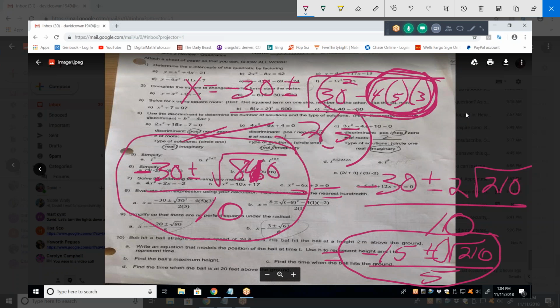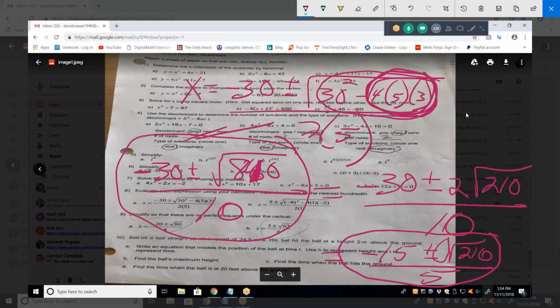And that is a 1. So I cannot divide top and bottom by 5. And I'm left with what I've got. Minus 15 plus or minus root 210 all over 5. That's the final answer.